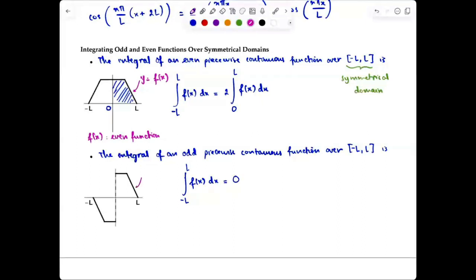So this function right here is y equal to f of x, and again, remember f of x in this case is an odd function because the graph is symmetrical with respect to the origin.